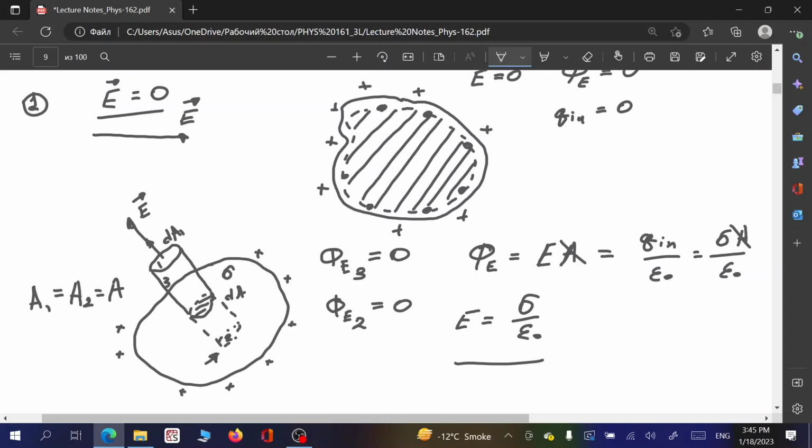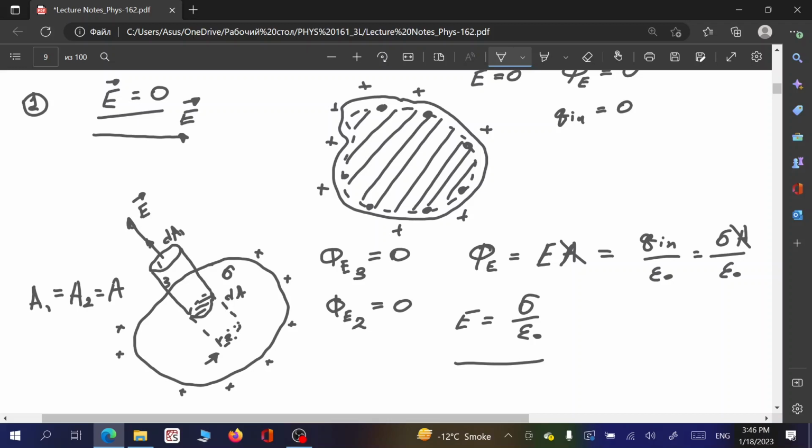But when we are considering the bulk conductor under equilibrium conditions, we don't have any electric flux through the second surface, because we have shown earlier that the electric field inside is 0. And if the electric field is 0, then there cannot be any flux.